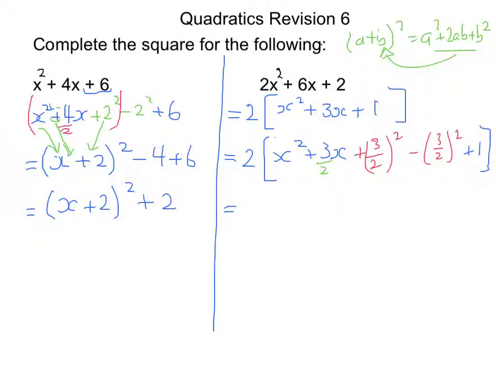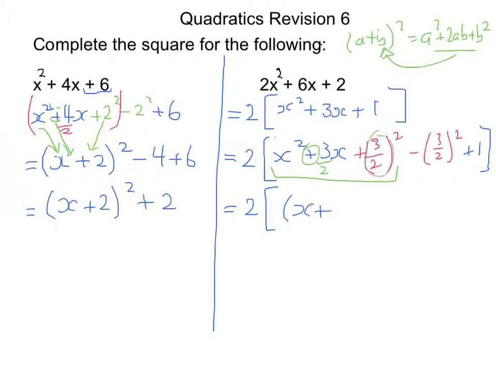Okay, so now I'll rewrite this again. 2 bracket. Now what I can do is take the first 3 terms from here and they become my perfect square. x, the sign is a plus there, so that goes into it.